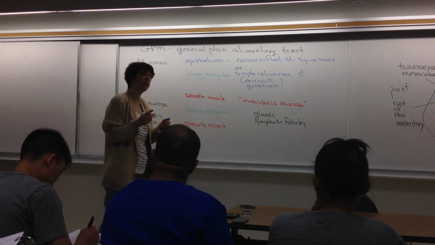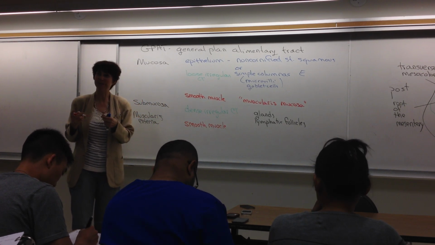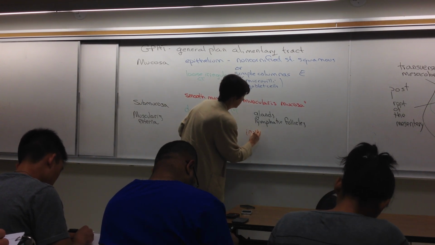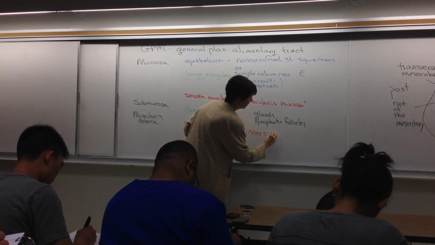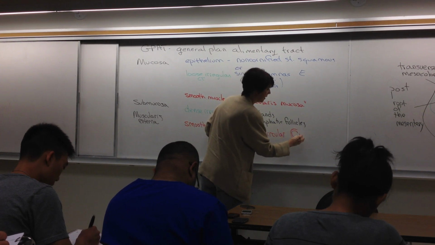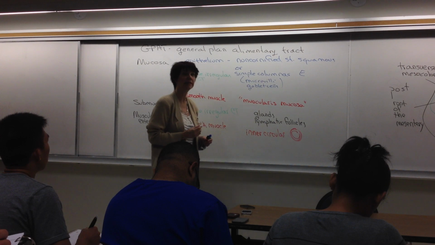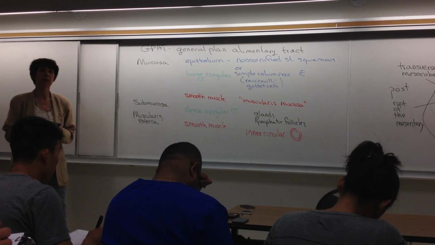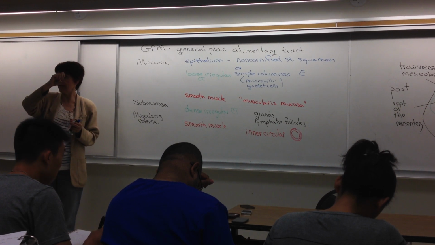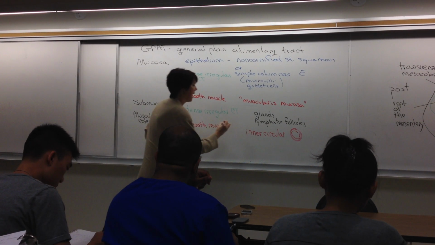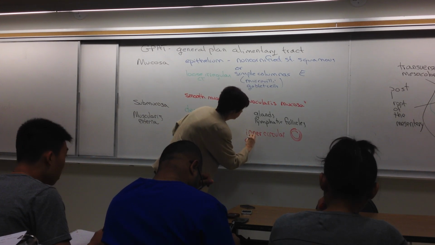And our typical plan has two layers. It has an inner circular layer, in which the muscle cells are directed as a ring around the lumen of the small intestine. So when they contract, it's going to squeeze the small intestinal lumen. And then an outer longitudinal layer.